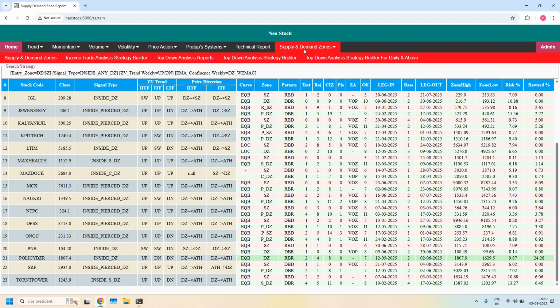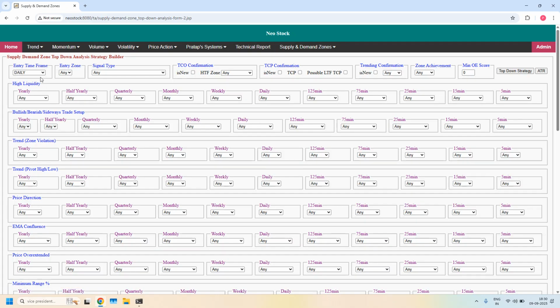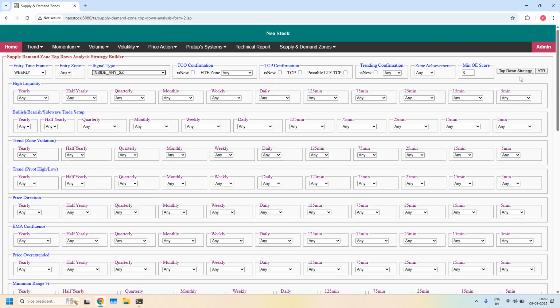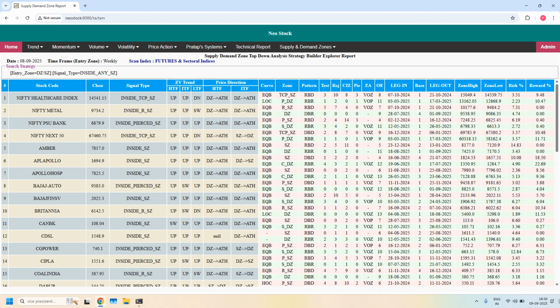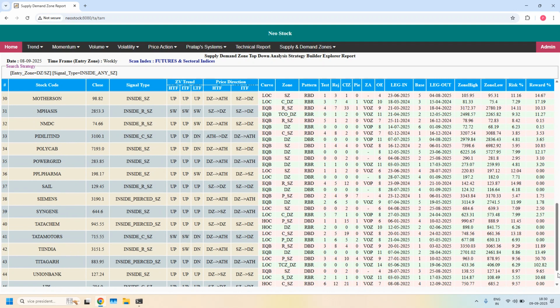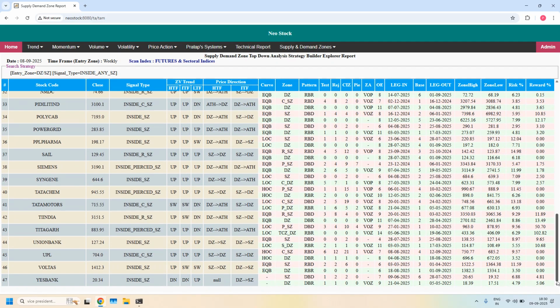Next, price closed inside the weekly supply zone. First 15 stocks in the list. Scrolling the list down. So total 47 stocks are filtered.